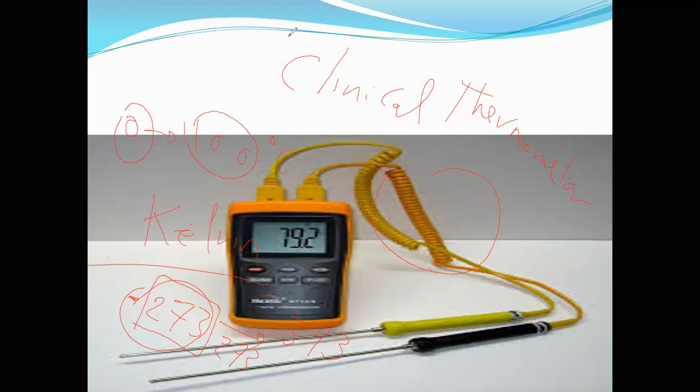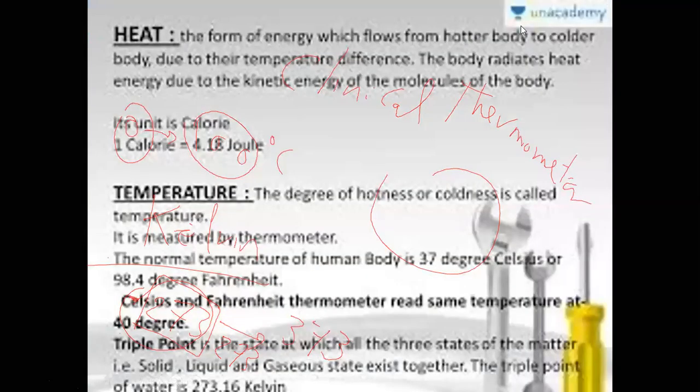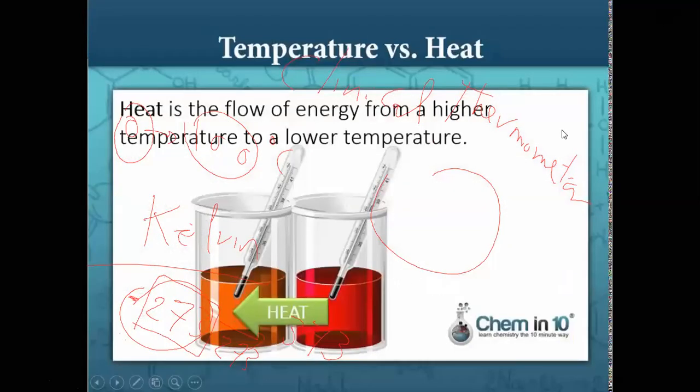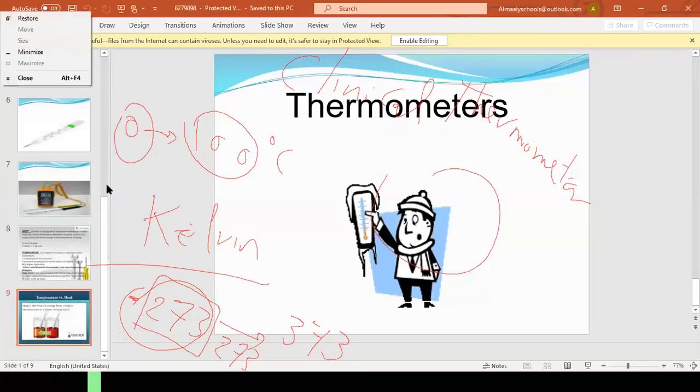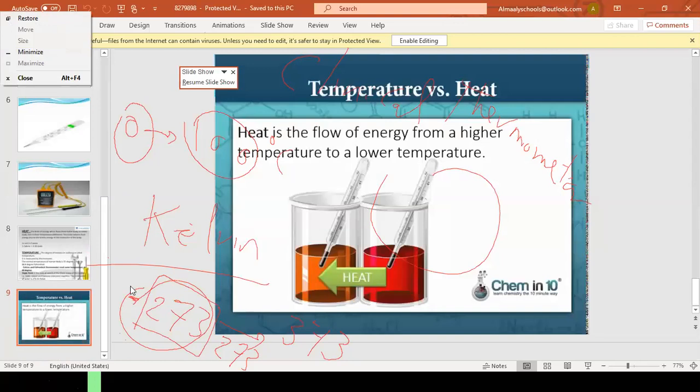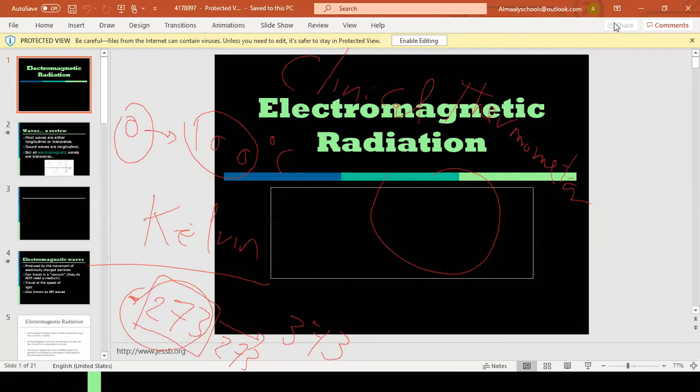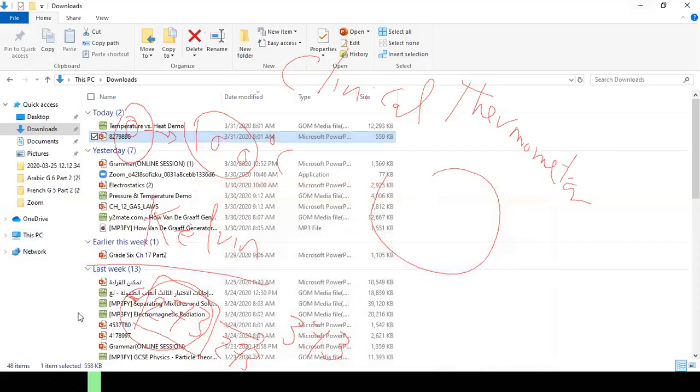Salman, will you give us the slides in the group after it's done? Salman, can you raise your voice? Mister, I can't hear you.